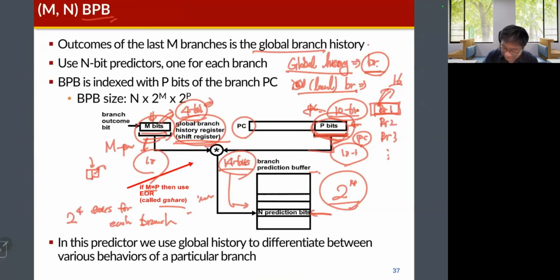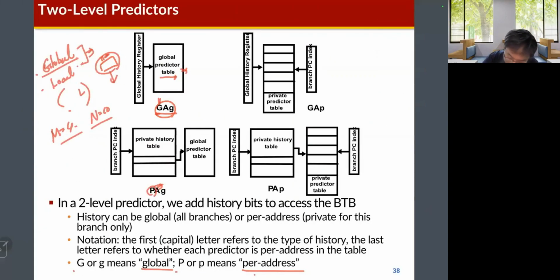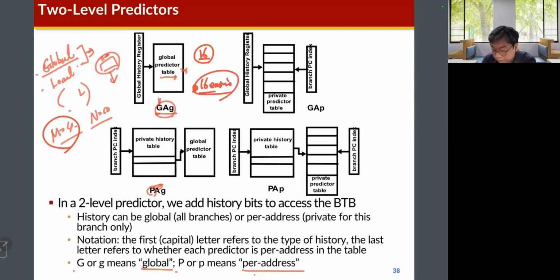So in this case, we can just use the 4-bit global history, which means we can distinguish 16 different states for this global prediction table. So the global prediction table will have 16 entries.